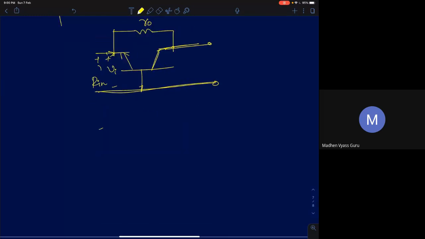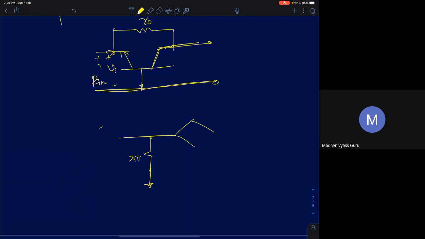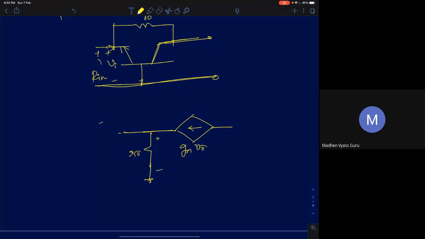For this one, first draw the small signal model and check for yourself. If you draw the small signal model, between emitter and base you have R pi. Base is at ground. And you have a dependent current source, gm V pi, from collector to emitter. This is the input voltage, and V pi is from base to emitter.